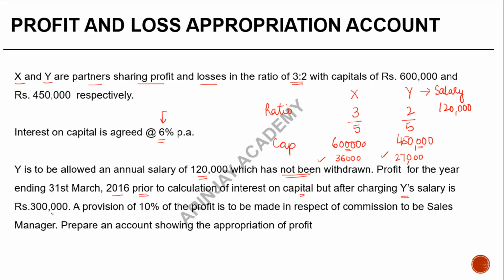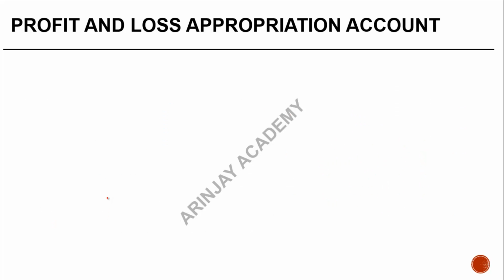is rupees 3 lakh. Now what this means is that your profit and loss account would have been prepared in respect of business, and there would have been a profit which was available for distribution or to be carried to the profit and loss appropriation account. This would have been a particular number, right?